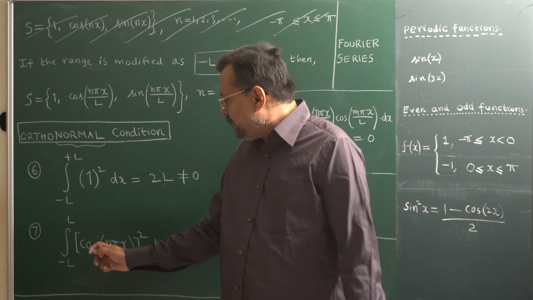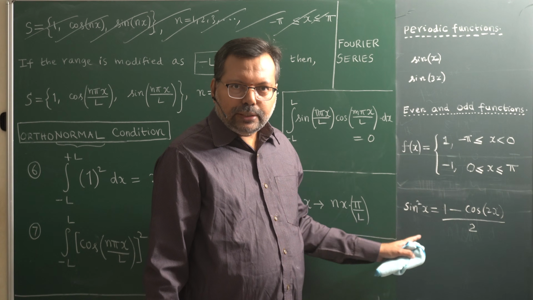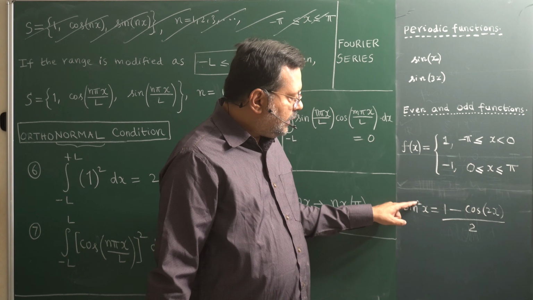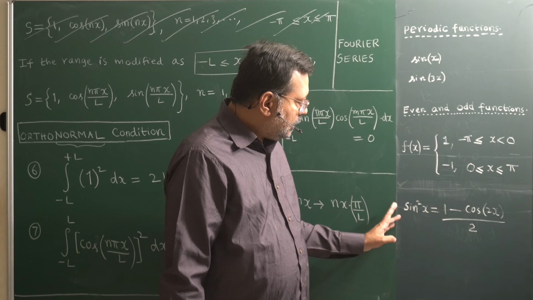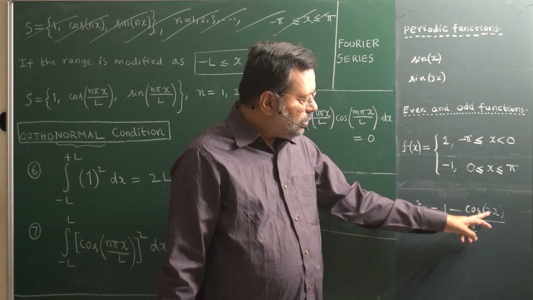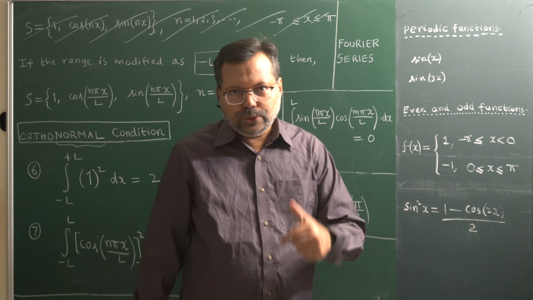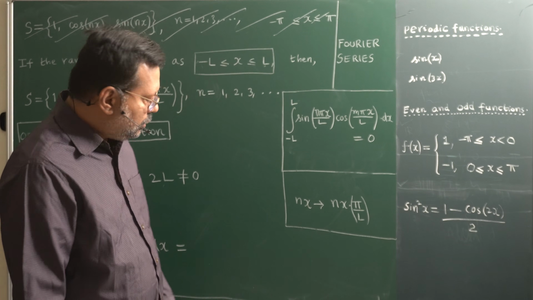The evaluation of the integral of cos square x: cos square and sine square can be evaluated using this expression. You cannot integrate using the square, so you have to convert it into 2 times x, and then perform the integration. So essentially you are going to perform the integration for only cos 2x. The integration part is very elementary, so I am not going to do that.